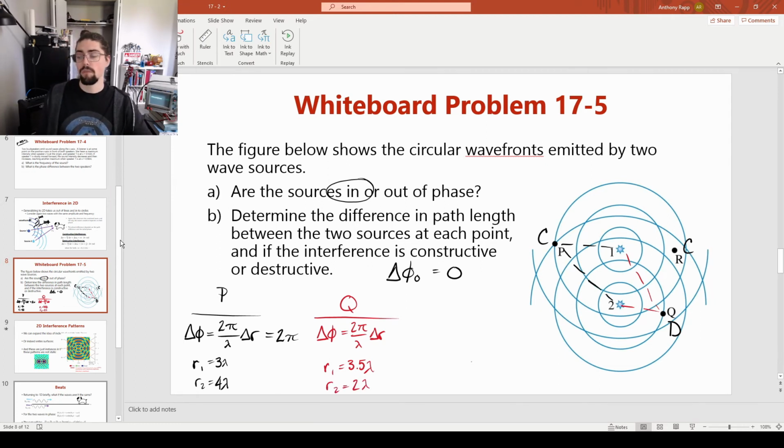So my difference of path, delta R, is negative 1.5 lambda, specifically. Negative 1.5 times 2 pi means our phase difference is negative 3 pi. Negative 3 pi, any odd value of pi, 3 pi, 5 pi, 7 pi, negatives included, that's destructive interference. Do we vibe all right with that?